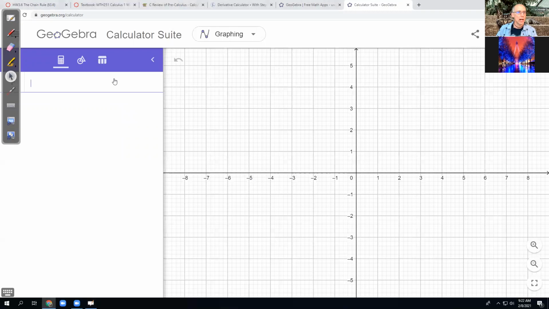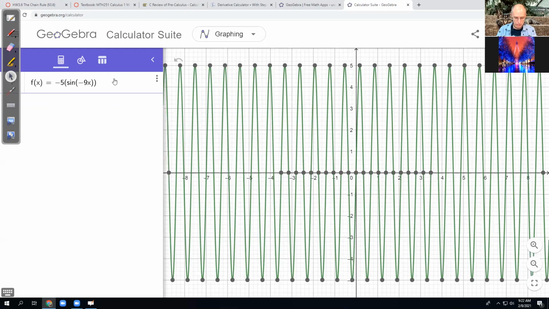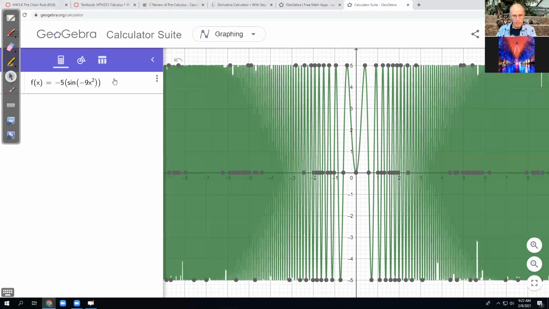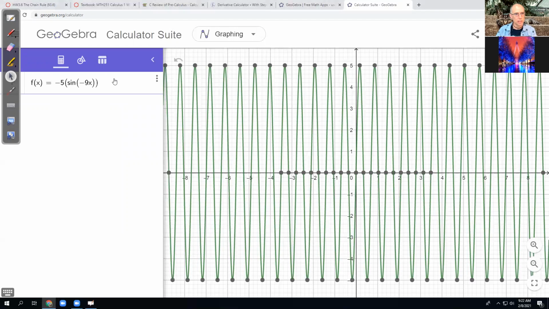So let's graph x equals -5 parentheses sine of -9x to the 6th. Oh, and it's having a hard time graphing this. This is a tough one. Come on, keep up. Come on, GeoGebra, you can do it.